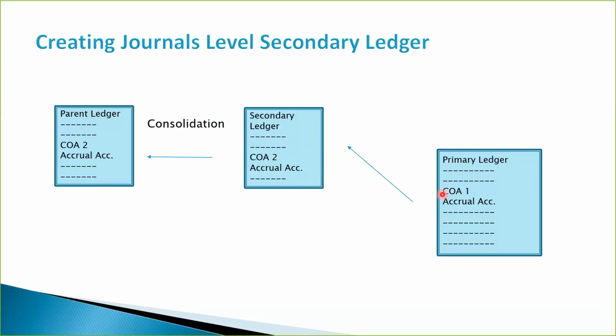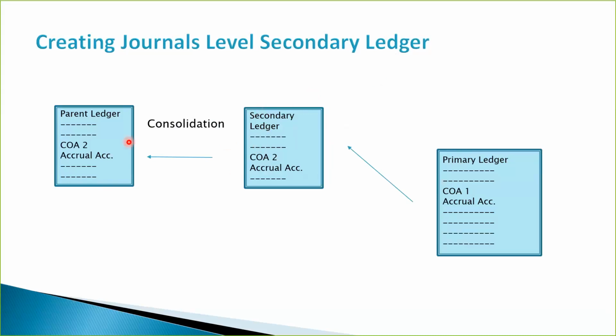It allows Getao Enterprises that when they need to do consolidation from Getao Enterprises to Maskani, they can just do the consolidation from the secondary ledger, where the mapping will be one-to-one, because the chart of account structure is similar to that of Maskani.